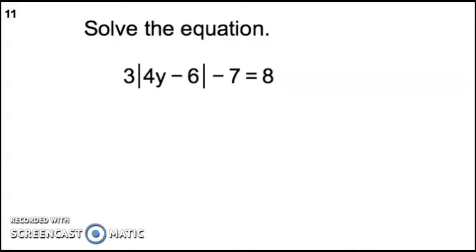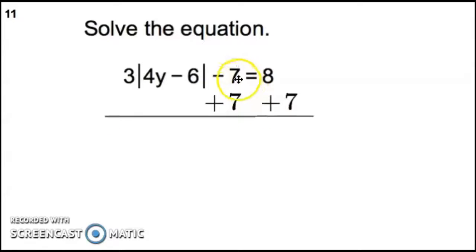Number 11, solve the equation. So again, we've got to get the absolute value by itself first. So we add 7 to both sides, take care of this before we take care of the multiplying. So add 7 to both sides, we get 3 times the absolute value of 4y minus 6 equals 15.